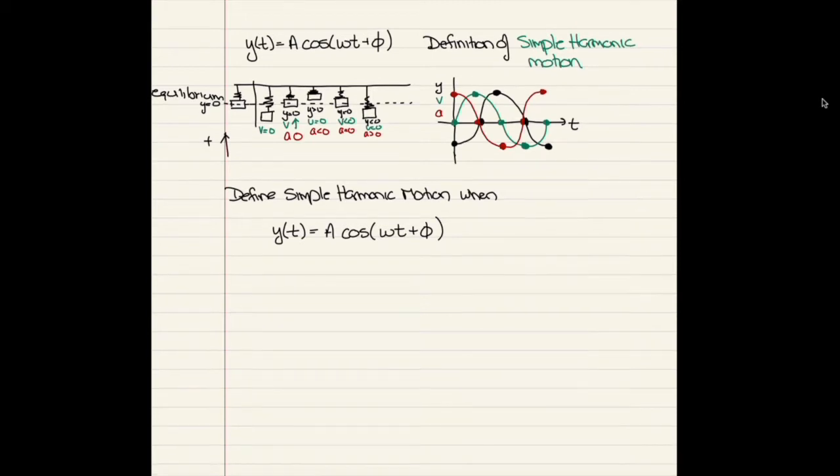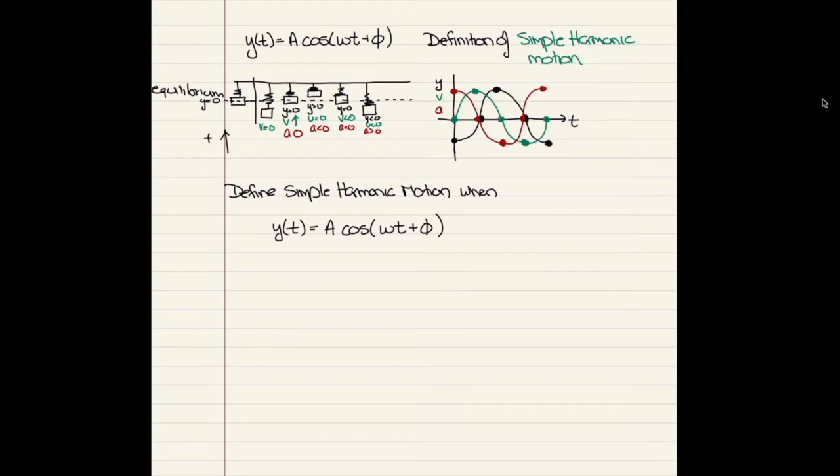And as I've written it down, this is the most general way to write oscillating motion, but I've introduced 3 unknown variables here. This A, this omega, and this phi. And then time marches forward, and we get something that might look like oscillating motion.